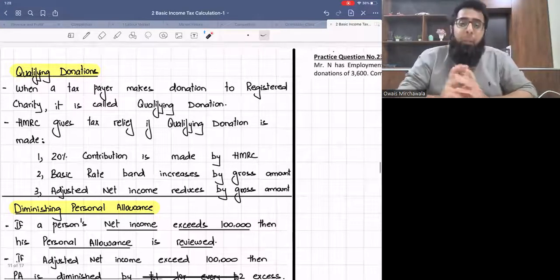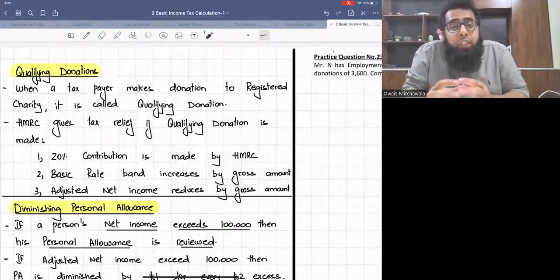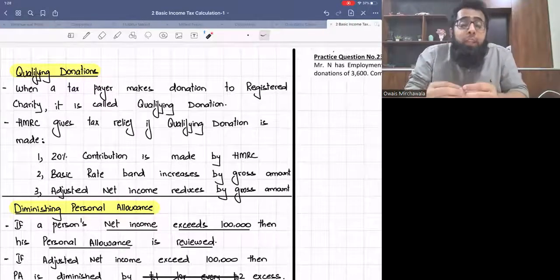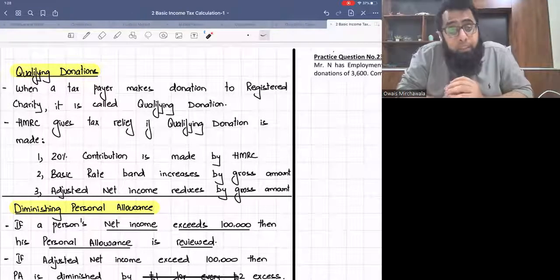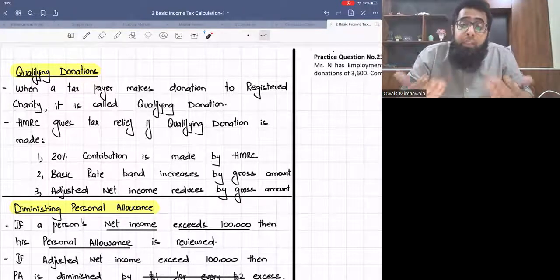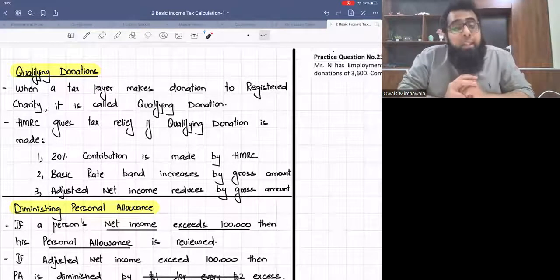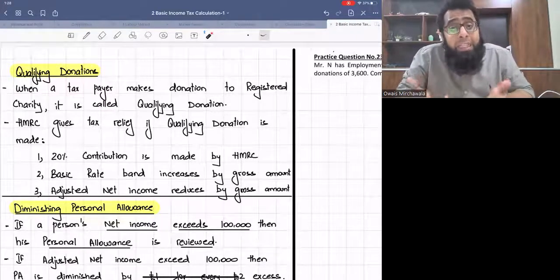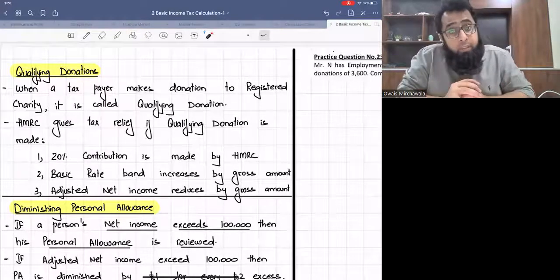Okay? Now, what is a qualifying donation? A qualifying donation is a situation when an individual donates an amount to a UK registered charity. Obviously, the tax department wants to encourage these qualifying donations, and therefore they give tax reliefs on them.